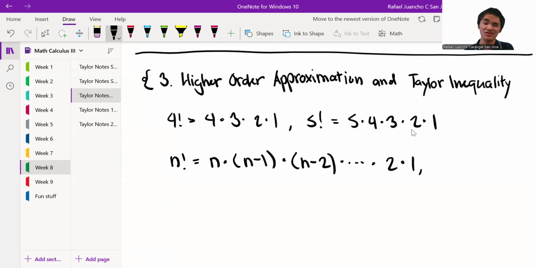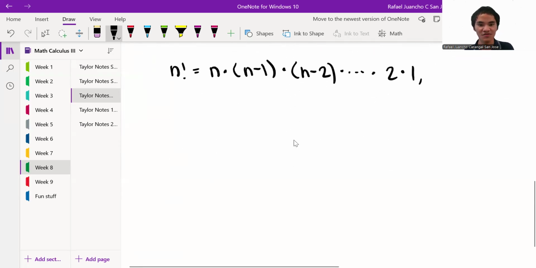So this one's 12 times 2, 24 times 1, 24. This one's 20 times 3, 60 times 2, 120 times 1, 120. And so that's the idea behind n factorial. So n times the number minus 1, and then the number minus 2, and so on and so forth until we reach 2, 1. So that's what a factorial is.